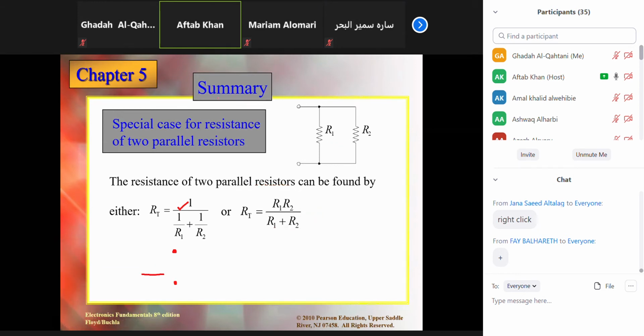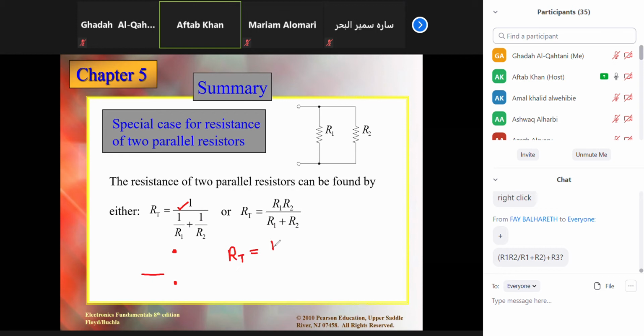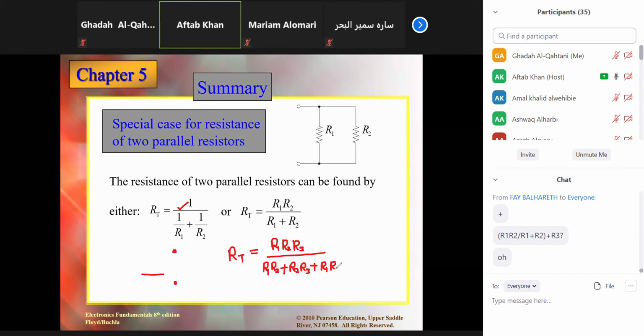I will use it from here. Let's see now. So RT is equal to R1 R2 R3 over R1 R2 plus R2 R3 plus R1 R3.